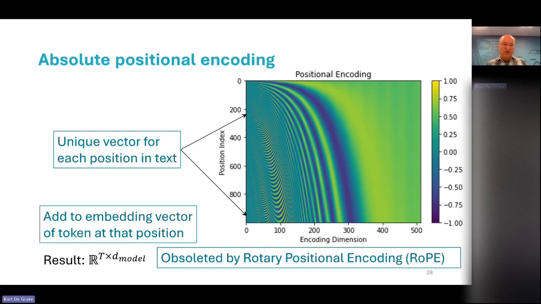Anyway, so this absolute positional encoding from the original transformer paper is now, let's say, obsoleted because practically all state-of-the-art models now use rotary positional encoding or some other variant.